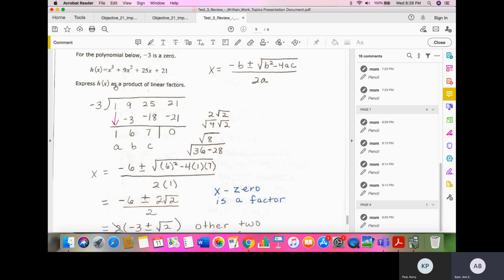That exponent reduces by 1 to 2 right now. So right here, this 0 you ignore. That's just verifying that -3 is a 0. Right here, you've got a constant, you've got an x term, and you've got an x squared term.